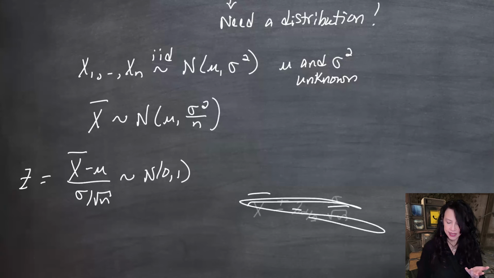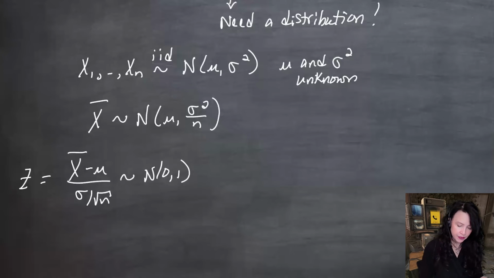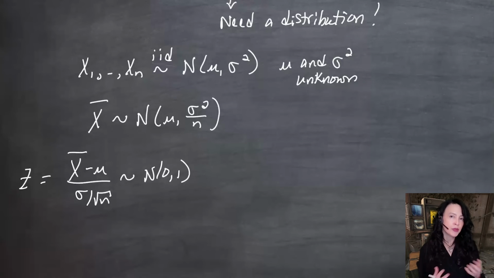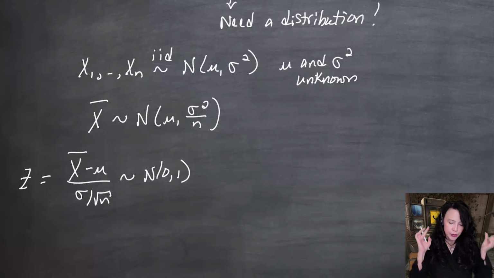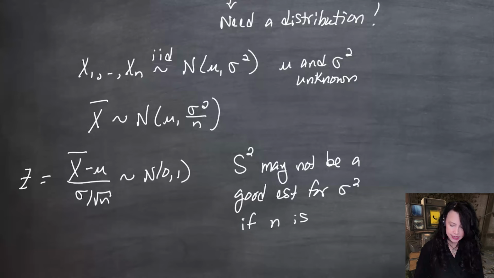And we just said that we can replace sigma with s, the sample standard deviation, if the sample size is large because it's a good estimator. But here, I can't do that. So I think that the sample variance may not be a good estimator for sigma squared if n is small.